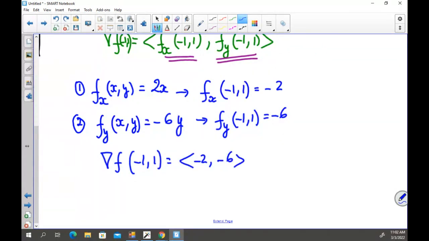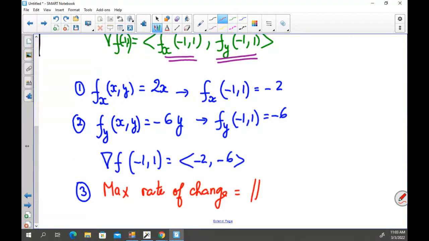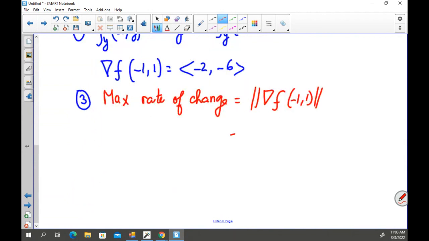So finally, we can write that the maximum rate of change that we are looking for is the magnitude of the vector. That's the rule. Therefore, it's going to be the square root of minus 2 squared plus minus 6 squared.